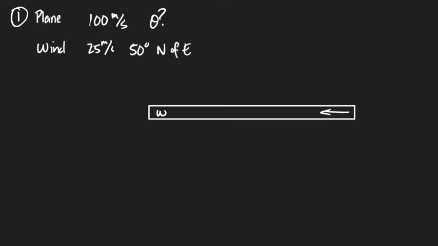I don't have a coordinate system established, but since I've established what direction is west, if I establish that this direction is north and south and east, 30 degrees north of east suggests that the wind is like that. Any questions about that idea?